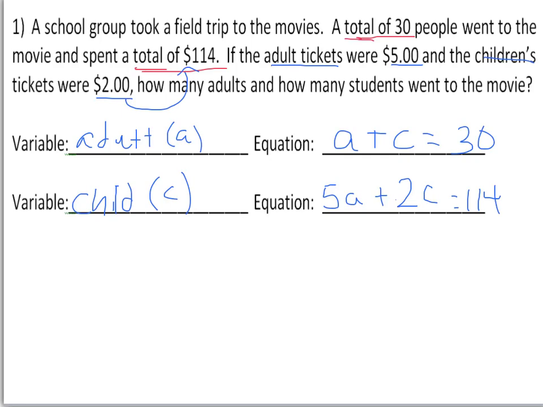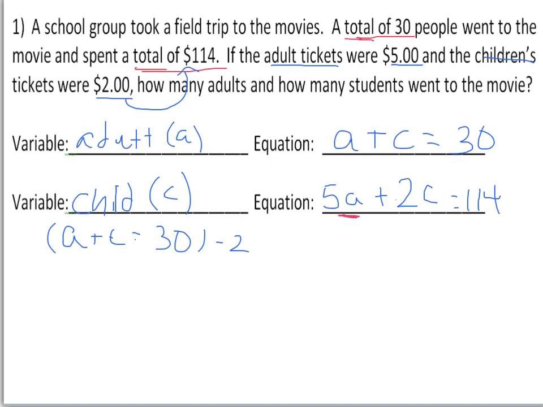All right, now I've got my two equations written, I just need to solve. I'm going to solve this by elimination. So I'm going to take A plus C equals 30 and multiply that whole equation by a negative 2. That way I can cancel out my C with the second equation. So I'm going to write that new equation in red underneath.